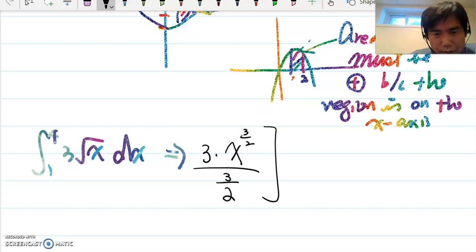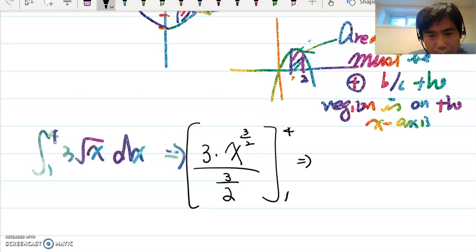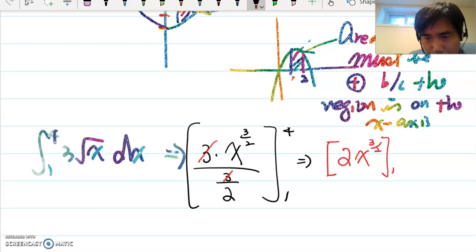And then we are doing between 1 and 4. Let's simplify that. I can see this and this cancel out, so 2x to the 3 over 2, from 1 to 4. That's how I got it.